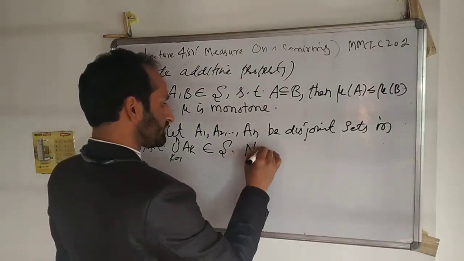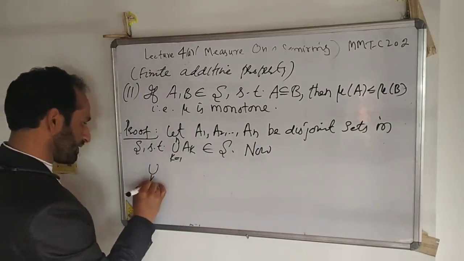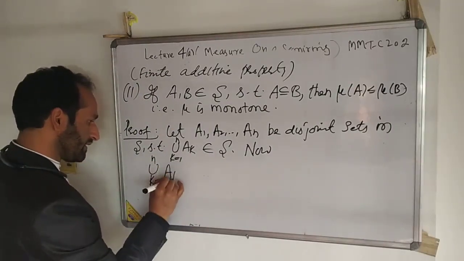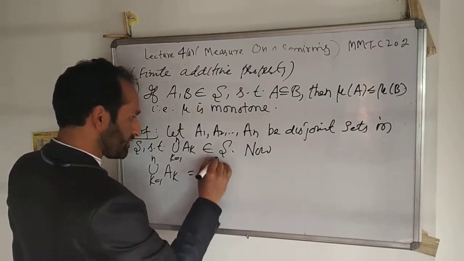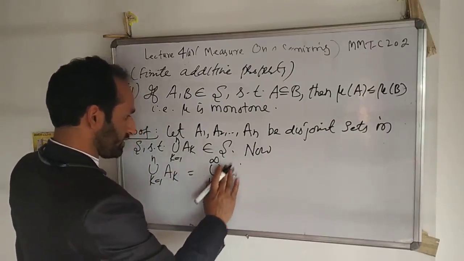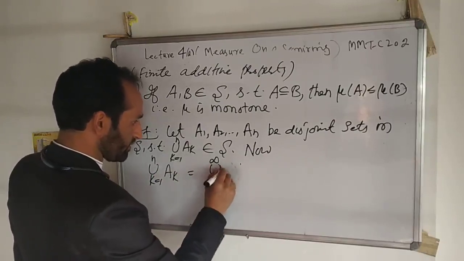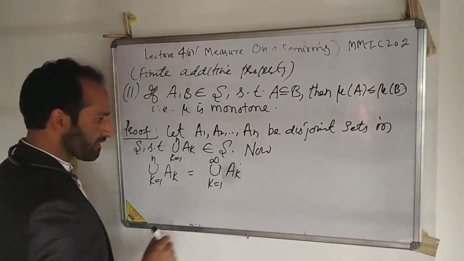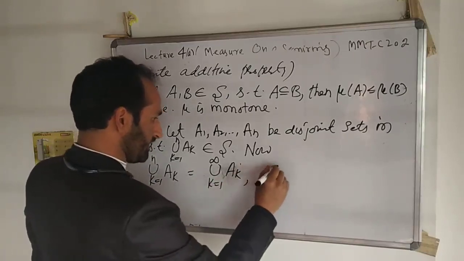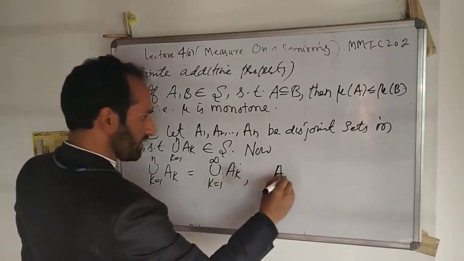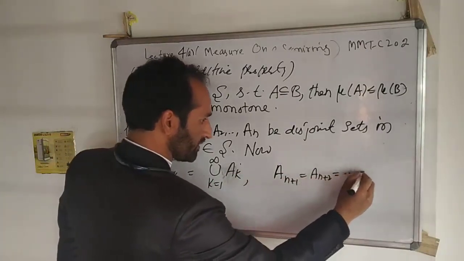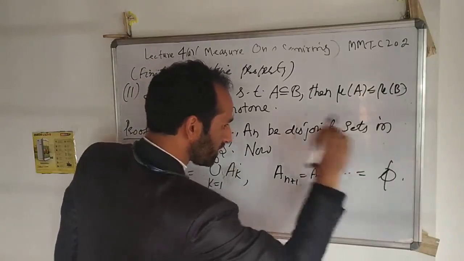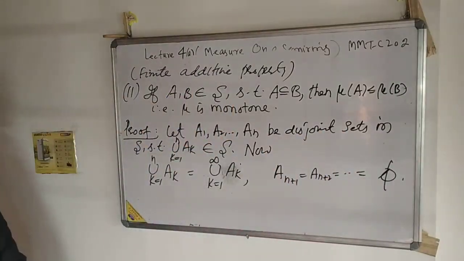We can write this union, k runs from 1 to n, A_k, as the union k runs from 1 to infinity of A_k, where A_{n+1}, A_{n+2}, and so on are all phi sets. So these two unions are same.